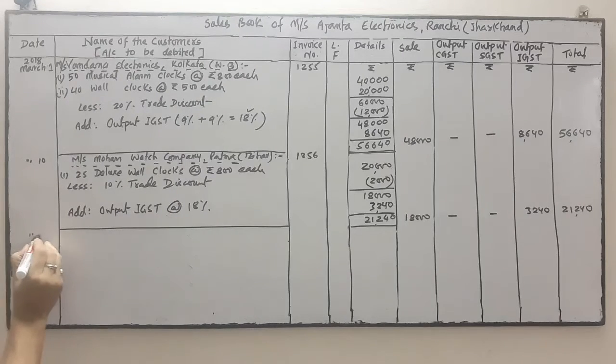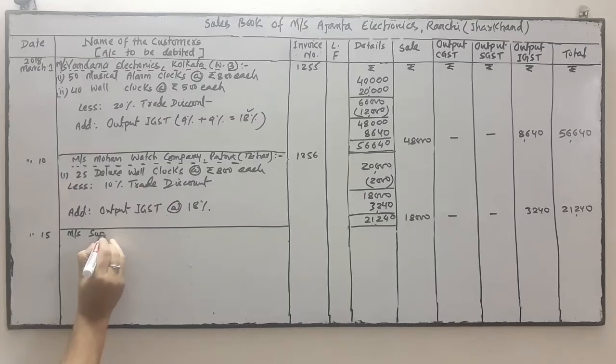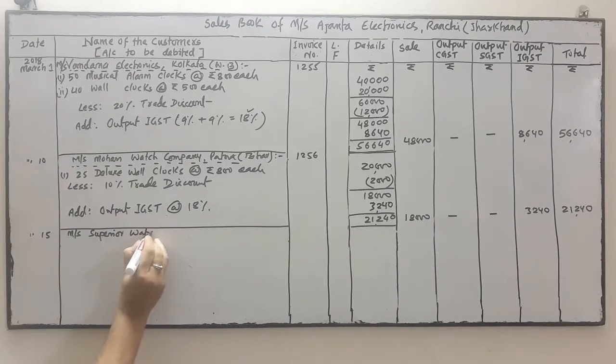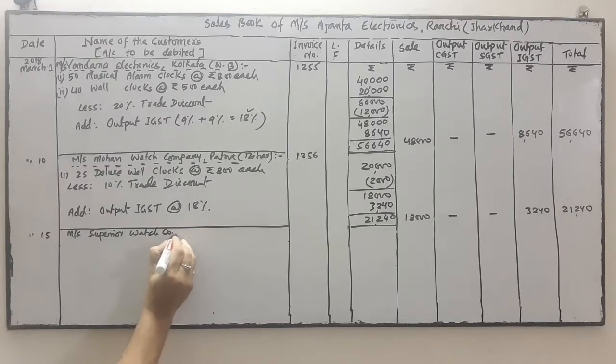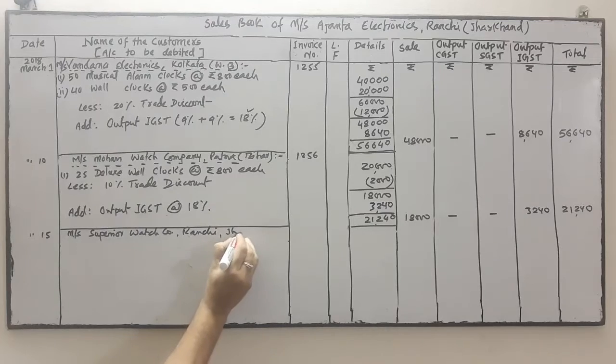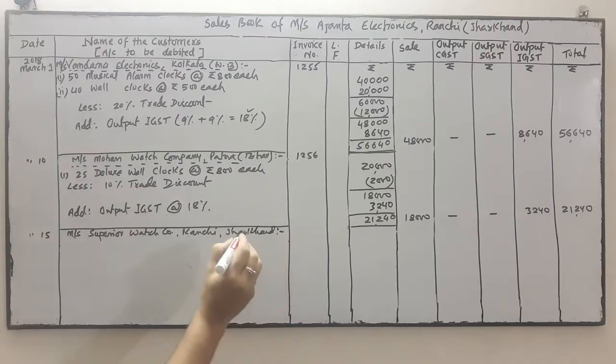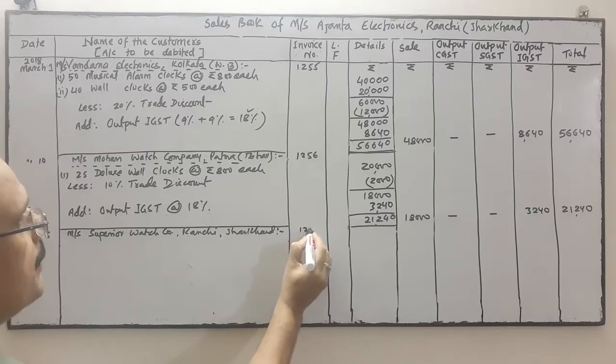So on March 15, the customer name is Superior Watch Company, Ranchi, Jharkhand. Invoice number is 1,257.